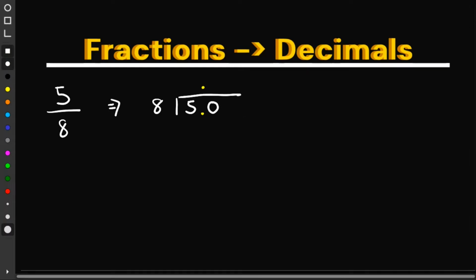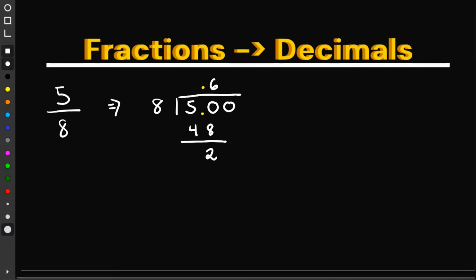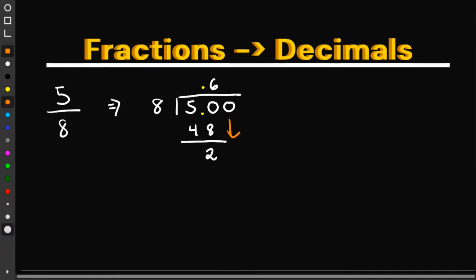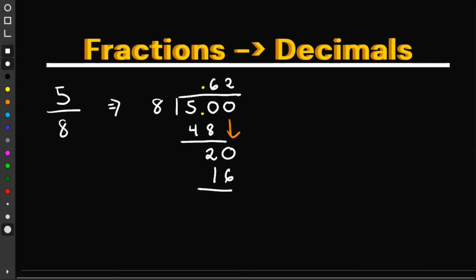So now we have 50. Let's treat this as 50 divided by 8. That would be 6, so this would be 48 with a remainder of 2. Now since we still have a remainder of 2, we add another 0 here, bring that down, and that would give us 20. So this one is 2, so that is 16 with a remainder of 4.